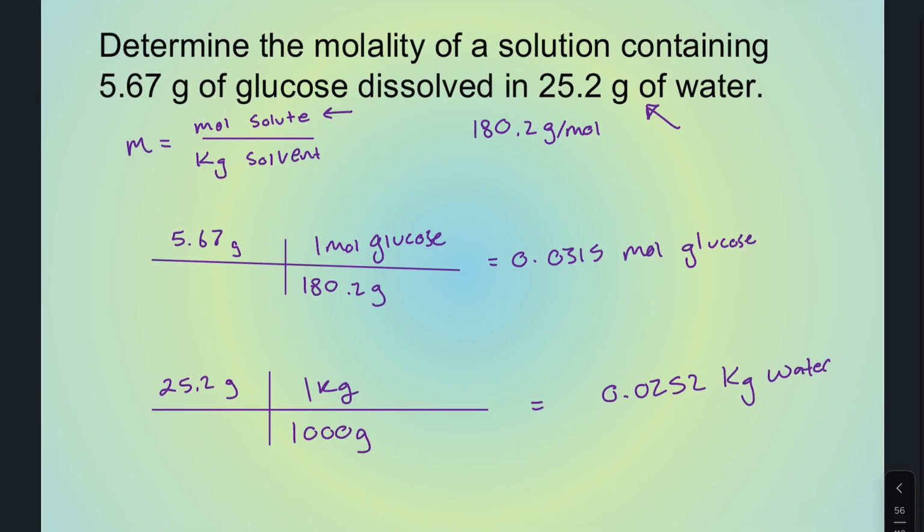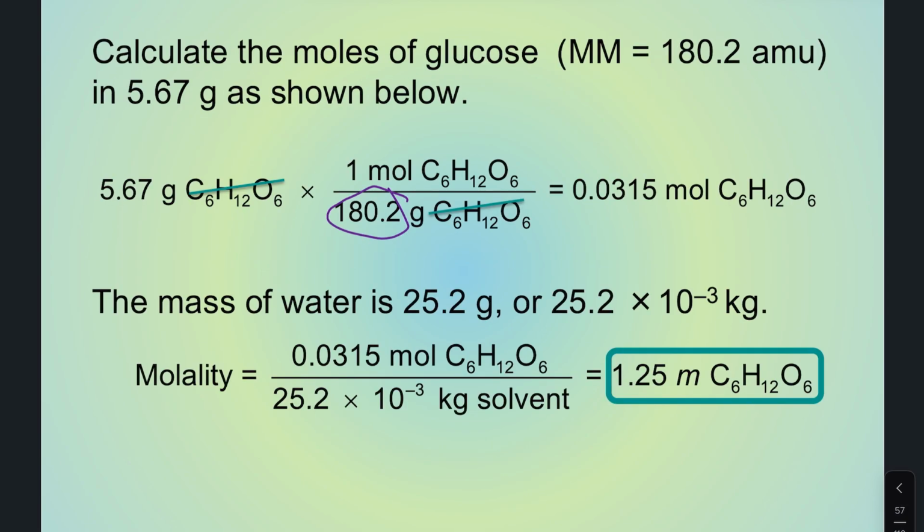So, to find the molality, all we have to do is take the moles and divide it by kilograms. That would be 0.0315 divided by 0.0252. So, we have our answer right here, which is 1.25 molal. That's how you say that. Glucose solution.